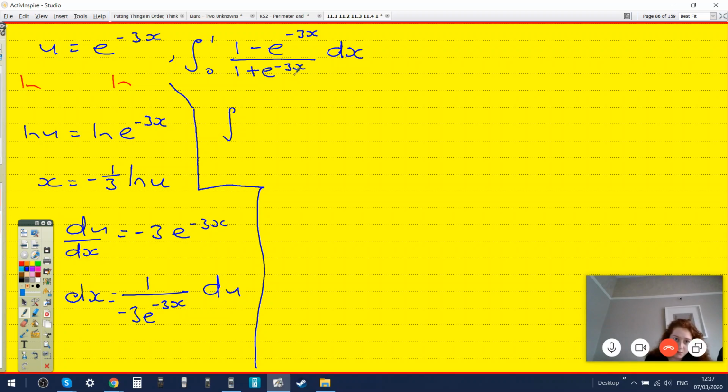It's just 1 minus u. So that would the bottom be... Is it 1 plus u? Yeah. And so we may not have needed to do the make x the subject thing, but couldn't hurt. I was afraid of integrating the ln u, to be honest.